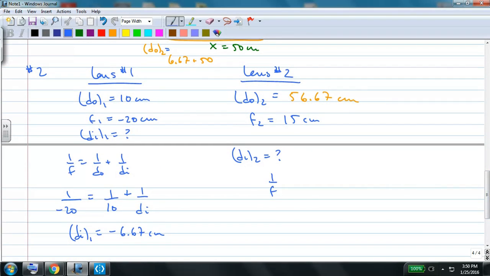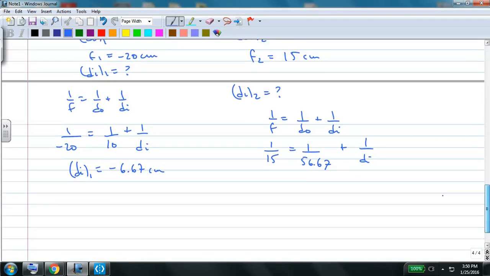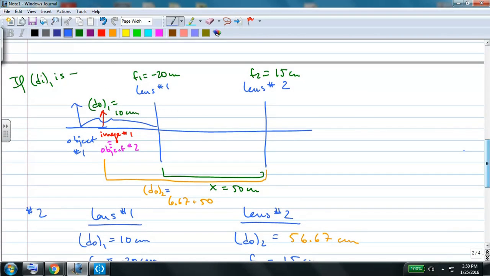Once again, 1 over F equals 1 over DO plus 1 over DI. And you plug it in, 1 over 15 equals 1 over 56.67 plus 1 over DI. That's going to give us a DI2. And I got the DI2 is 20.4 centimeters, which puts it over here.